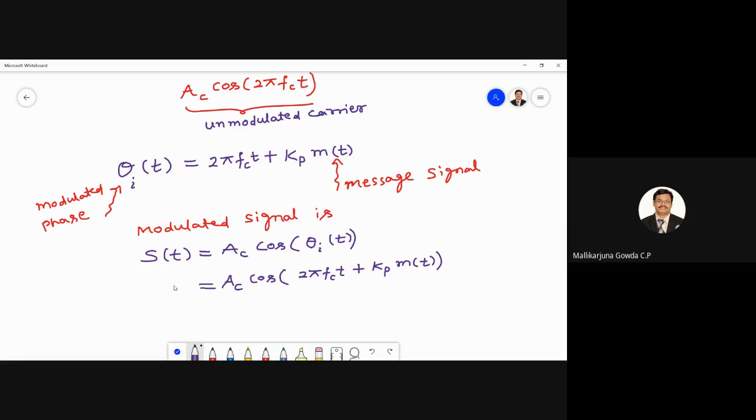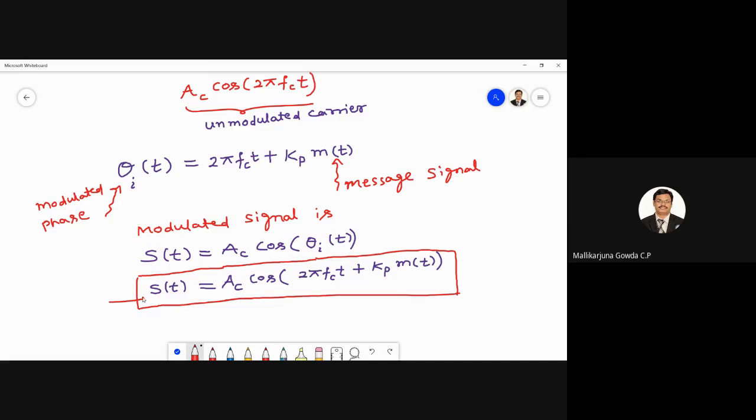So this is the expression for the phase modulated signal.